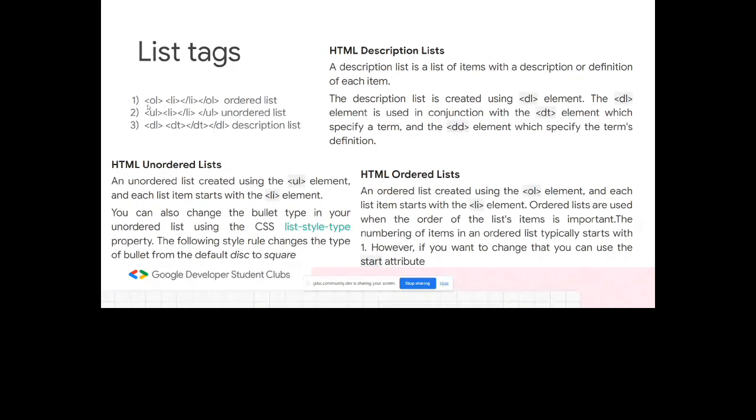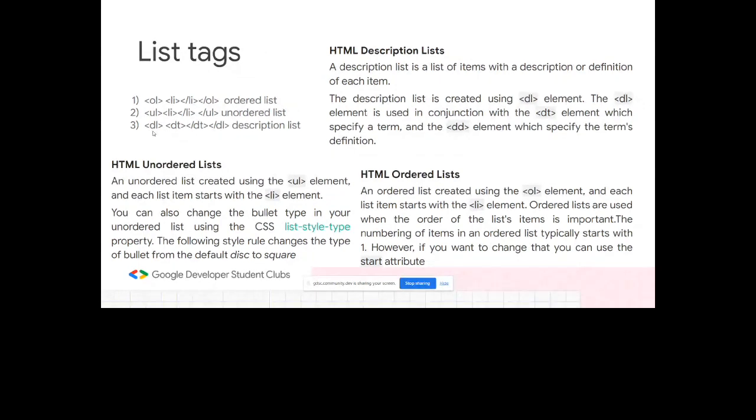Generally we have the UL tag and OL tag that are used for unordered and ordered lists, and inside the OL and UL tags, you will use the LI tag, which represents the list item. It's the one thing that is used in common for both ordered and unordered lists.